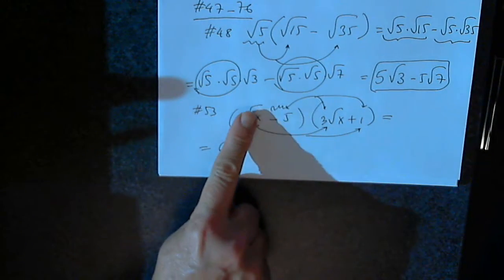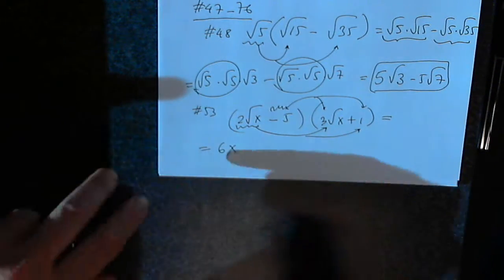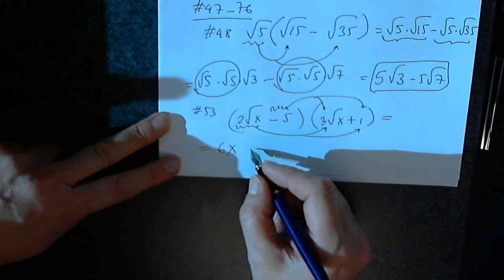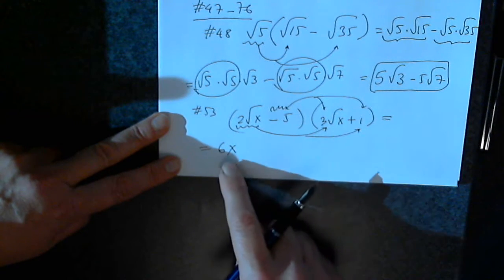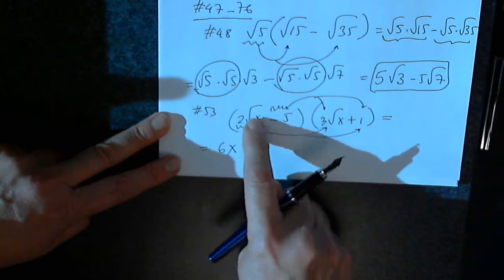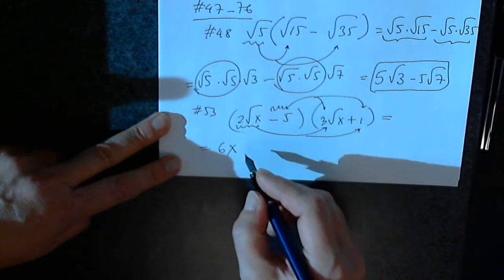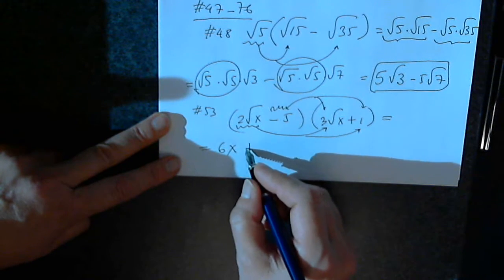So I distributed this quantity to the first term. Now I have to distribute it to the second term. What do I write? 2 times 1 is 2. The square root of x. Now I'm distributing this term to 1. What's the sign? Plus.